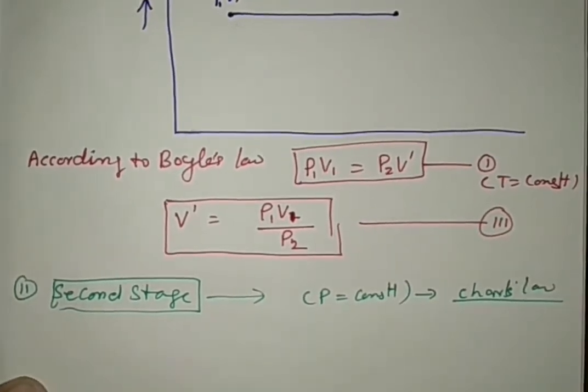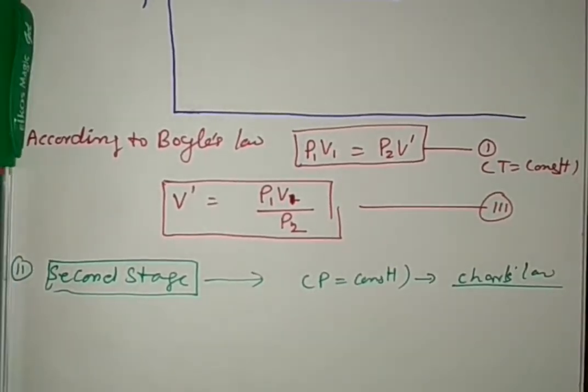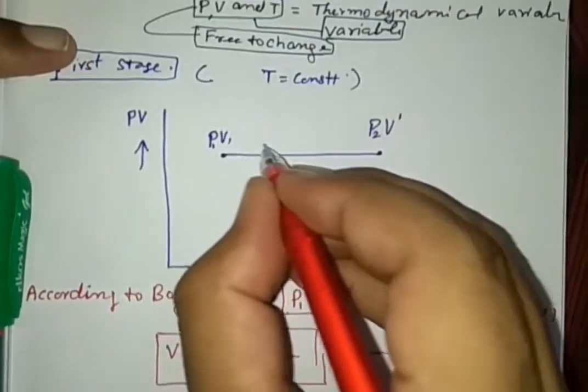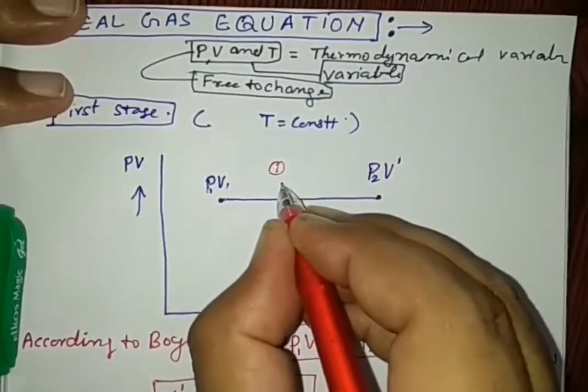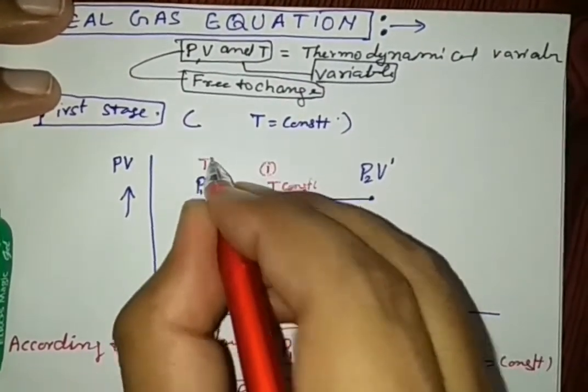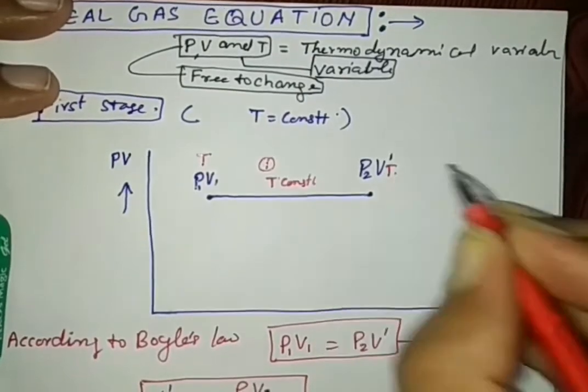Under Charles' condition, temperature changes. In the first stage, the temperature is constant, here is a temperature T, here is also temperature T.